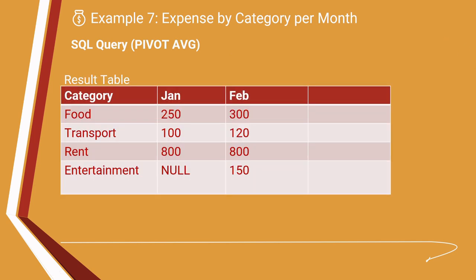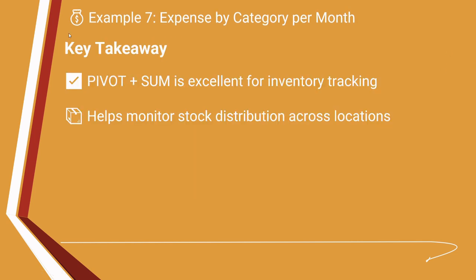The result gives you a clear comparison. For example, rent is rupees 800 in both months while food increased in February. This technique is extremely helpful for financial dashboards showing trends in spending over time by category.